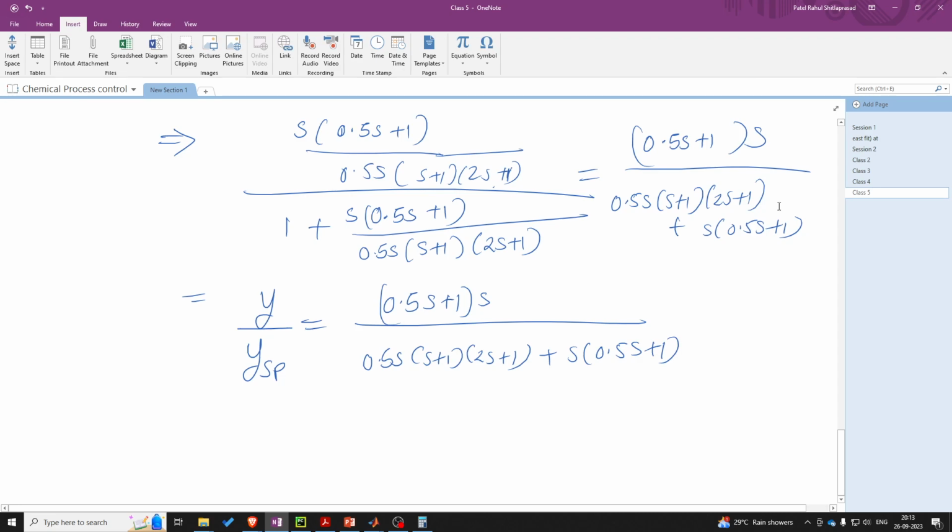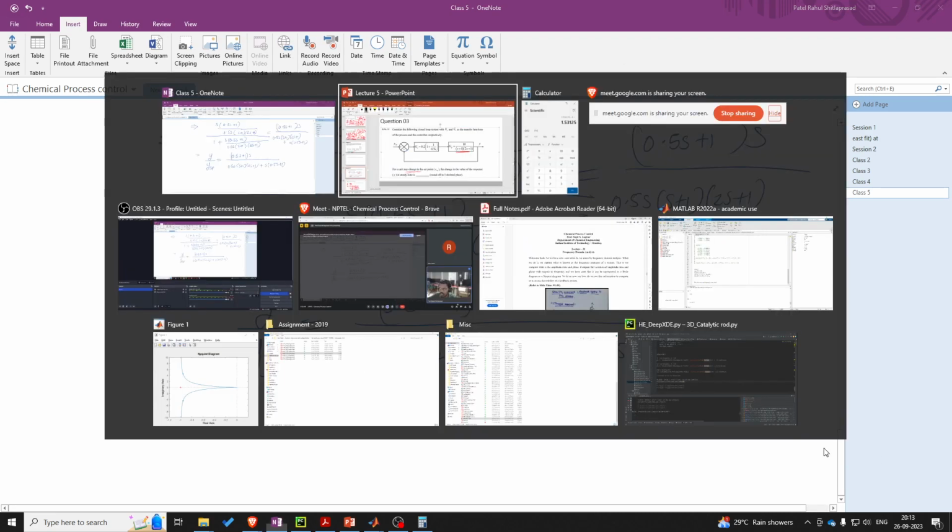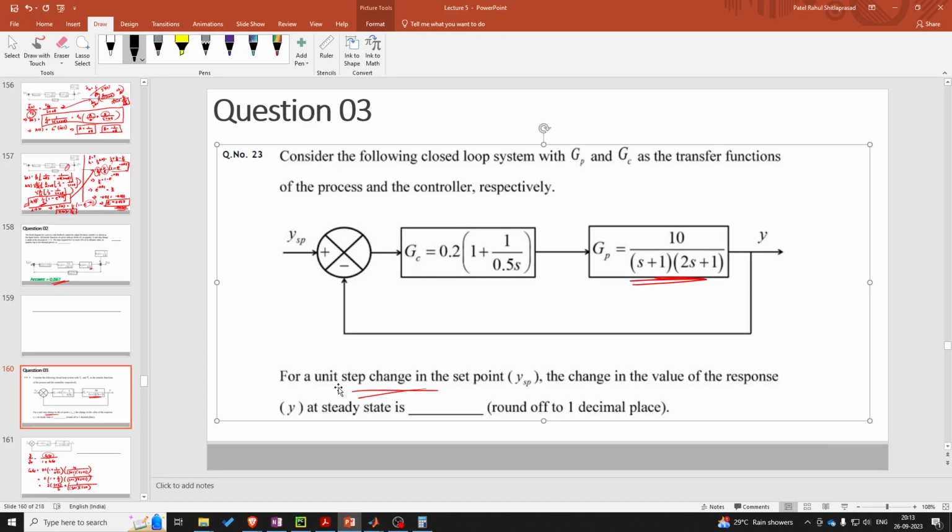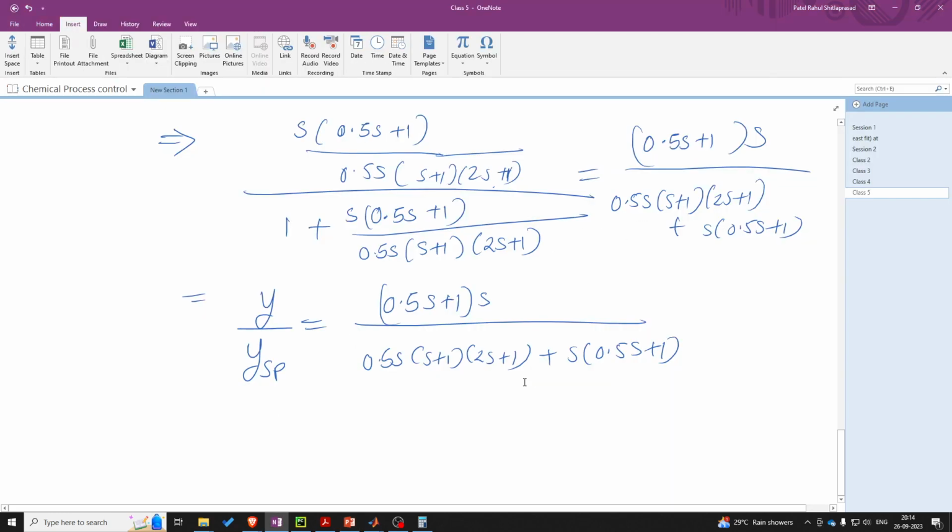Now let's revisit the question. We are given that for a unit step change in the set point, the change in the value of response is dash. I don't think we need to convert this into the time domain. What we have been asked is, at t tends to 0, what is the value of y, and for the step change Ysp equals 1 by s.